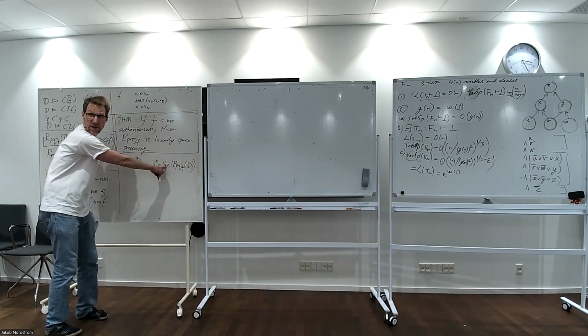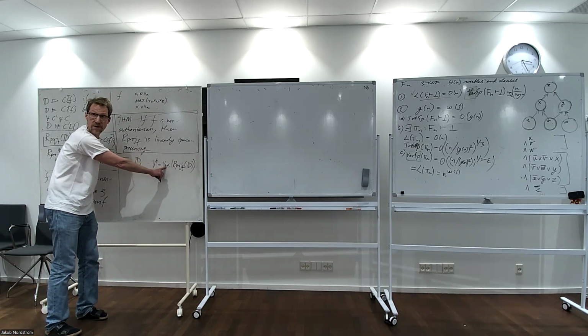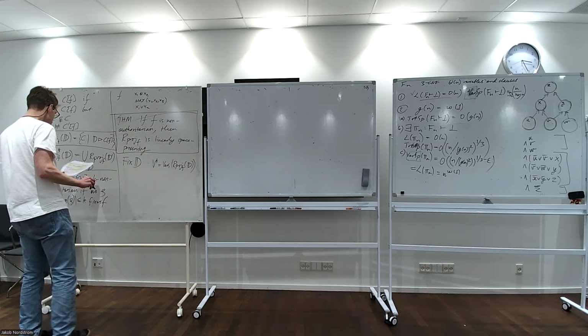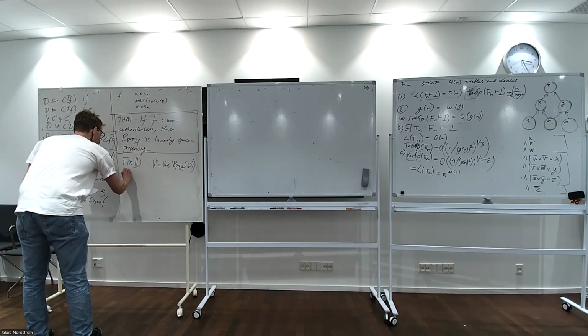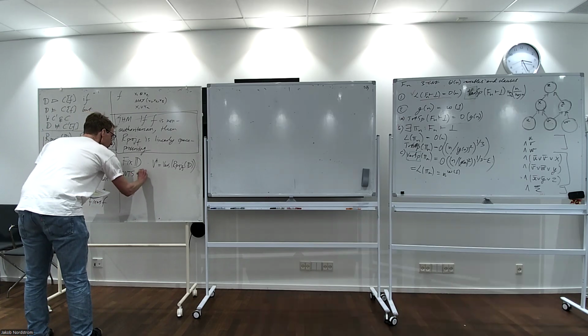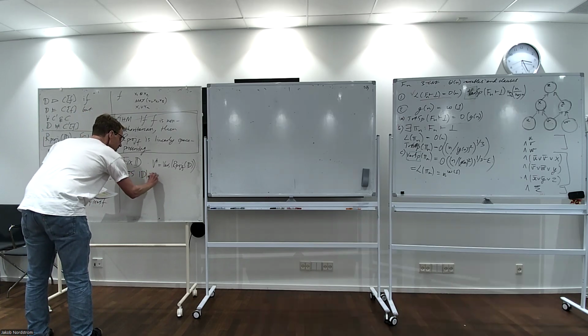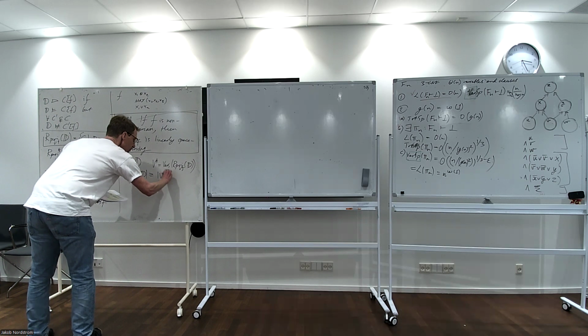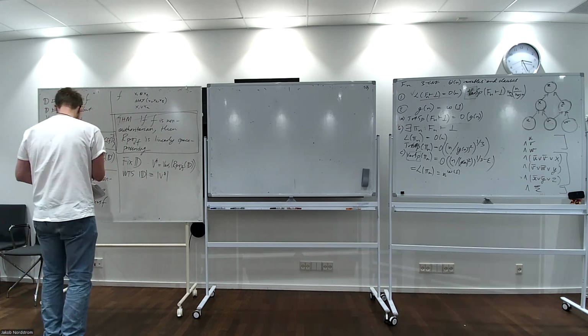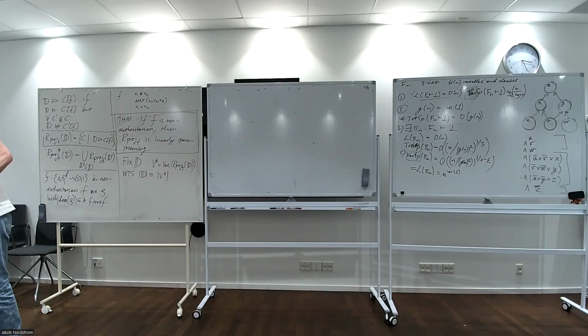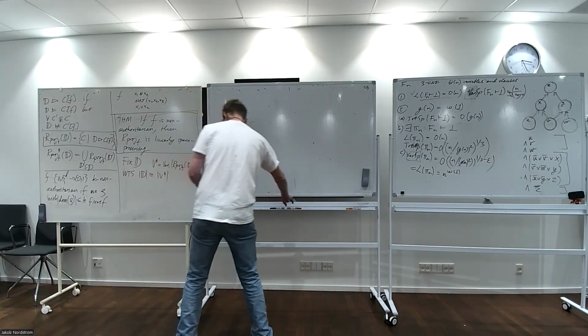So these are the original variables without indices, x, y, z. And we want to show that the number of clauses in D is greater than or equal to the number of variables in D star.